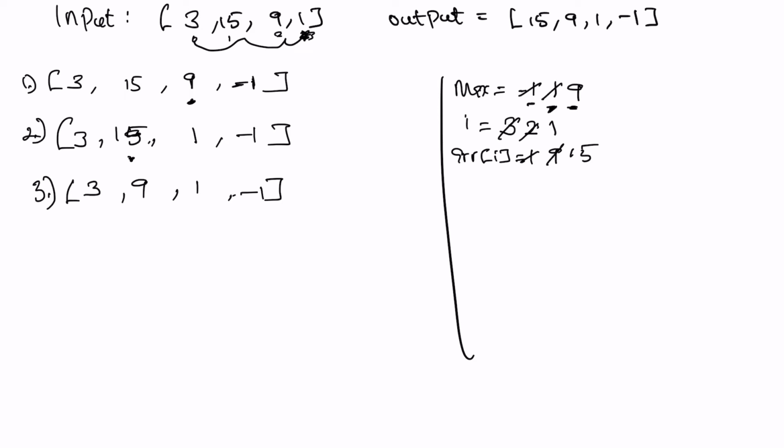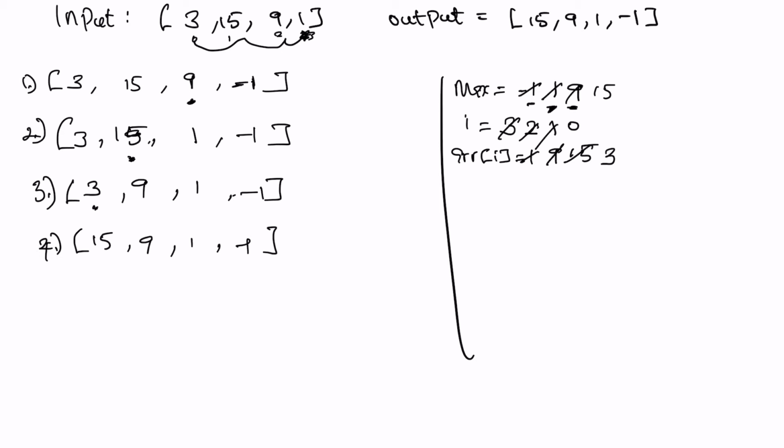Now we have a new max, which is going to be 15. We decrement I by 1, which makes it 0 now. What is the value at index 0? That is 3. And we already have a max of 15 from the previous operation. So we have negative 1, 1, 9, and 15.